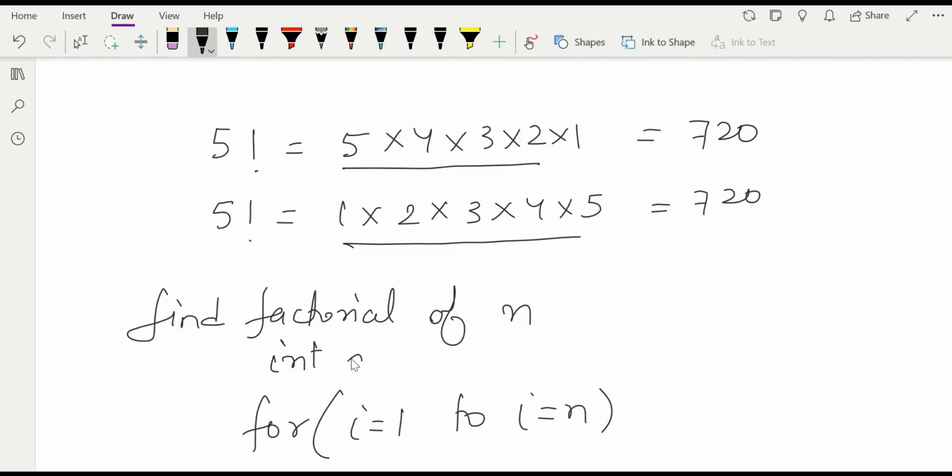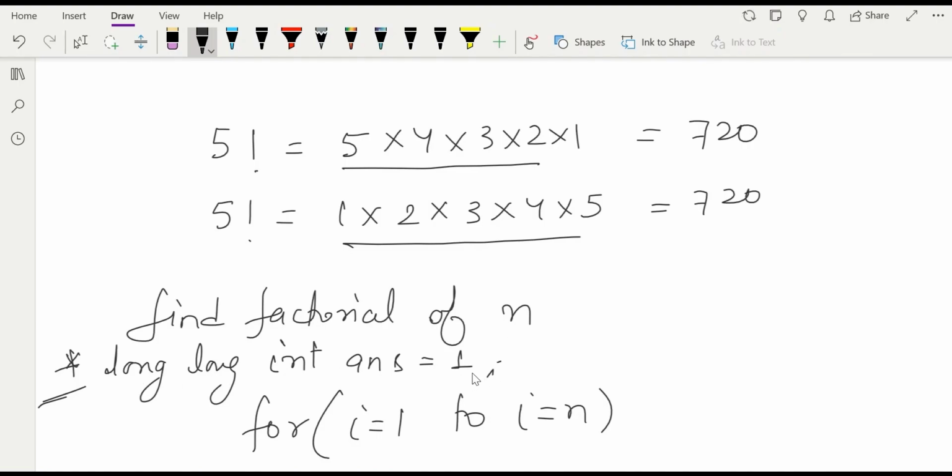We can write int answer is equal to 1. Because we are multiplying, the multiplication value may exceed, or it can be a huge, large value. So it is better to store it in a larger variable. So we have to take care of this: long int. I have taken long int answer is equal to 1.